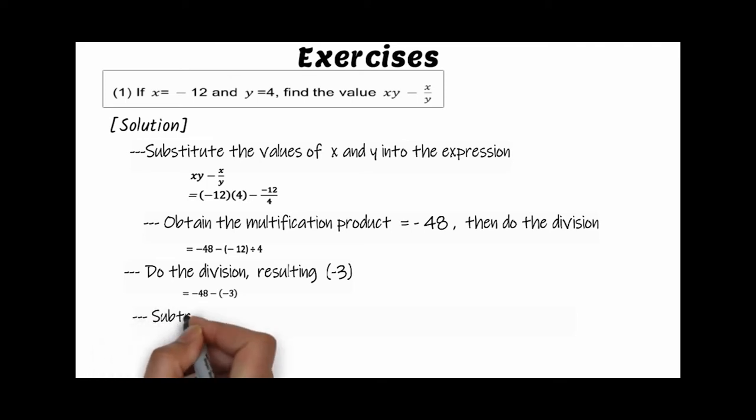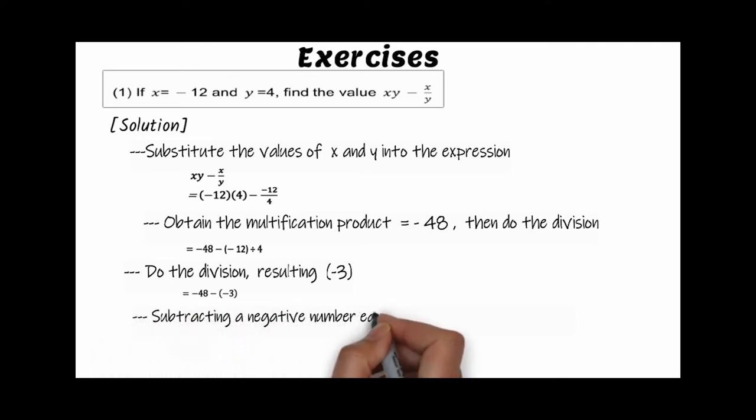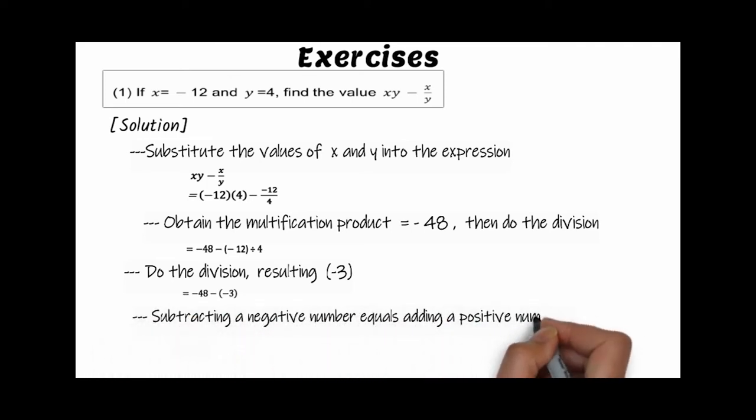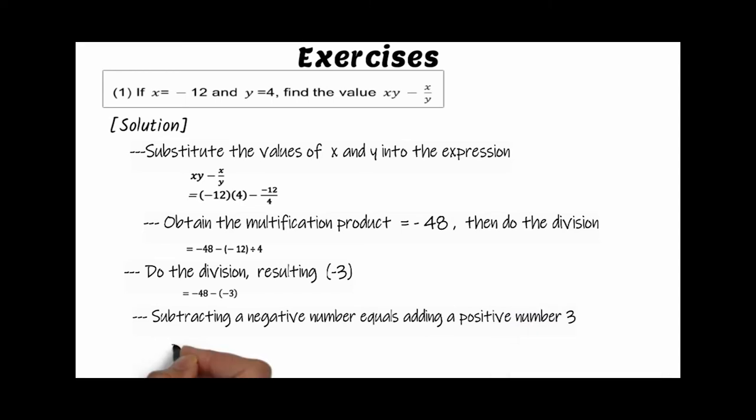So subtracting a negative number equals adding a positive number. So minus -3 becomes +3. And that turns the expression into -48 plus 3. And that evaluates to -45. And this is the final answer.